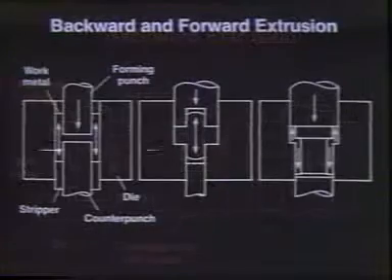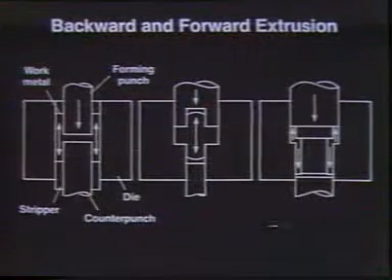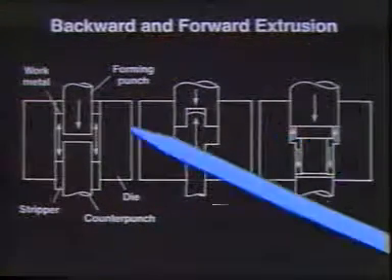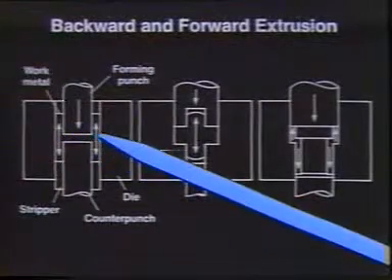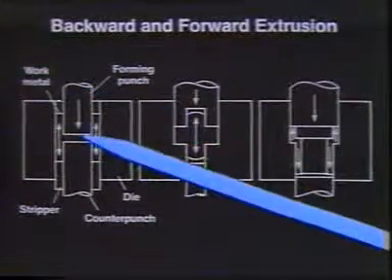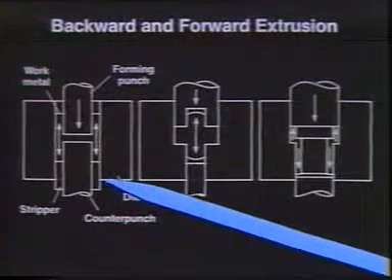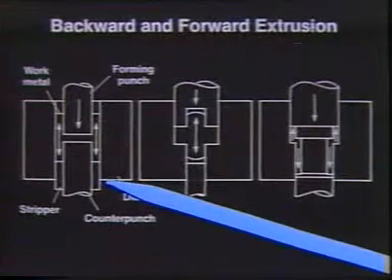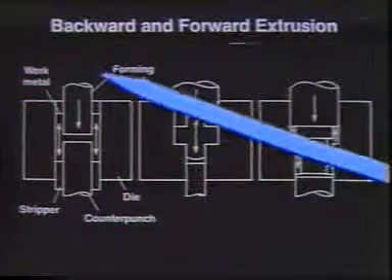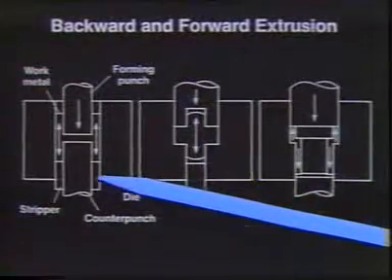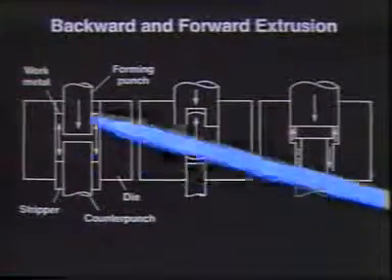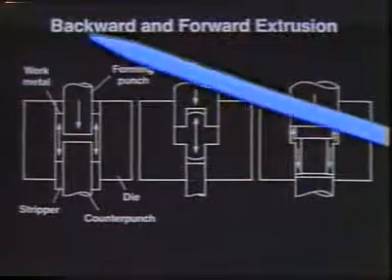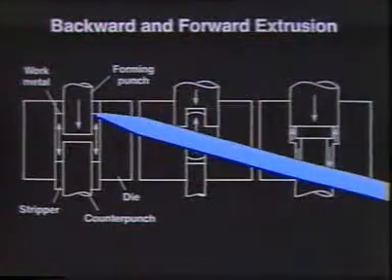We can have a mixture of backward extrusions and forward extrusions, where when the punch comes down, part of the material goes backwards and part of the material goes the other way. Now, in fact, what we are doing now is making a forward extrusion on this side of this mandrel and a backward extrusion on that side, where the advancing piece is in this direction.